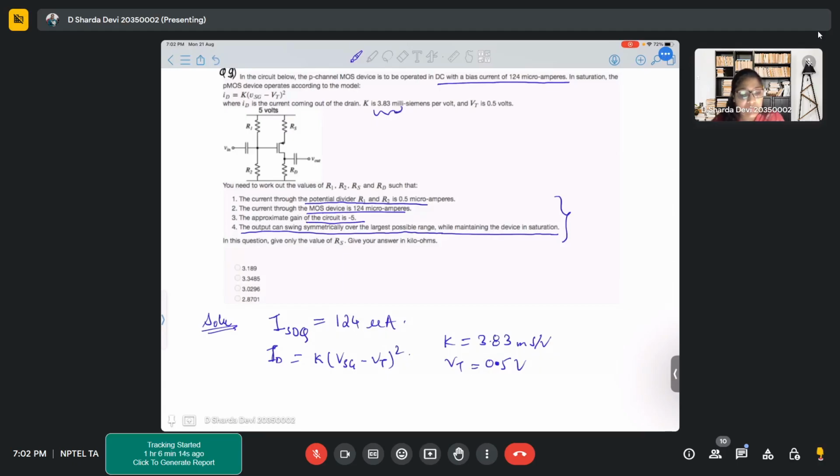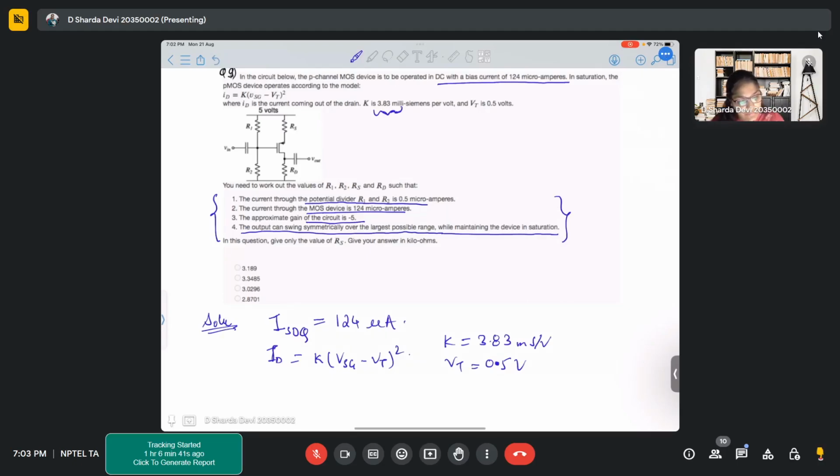When you are designing an amplifier, this is how you get the specs, and for that you have to select your capacitors and resistors so that your amplifier gives you the desired results. This is how the actual problem is in real life. So let's move on and solve.